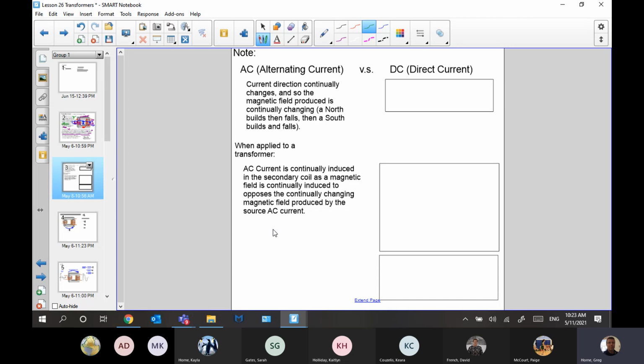They're really transferring the energy from the primary coil to the secondary coil. In contrast to this, DC current was originally the kind of current that people preferred. DC is simpler to understand.